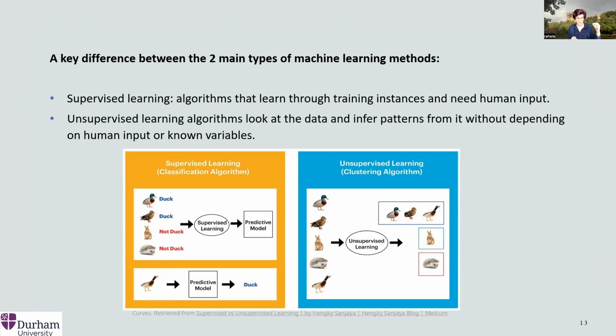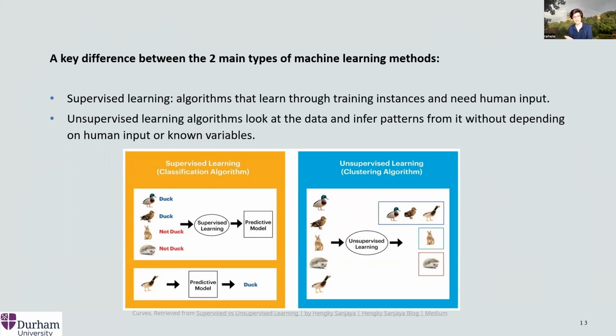So we show a duck and we say, this is a duck. And we show other animals and say, this is not a duck. We expect that after showing lots of data, our model is trained enough to see an image and say if it's a duck or not. So we need a lot of data to train our supervised algorithms.